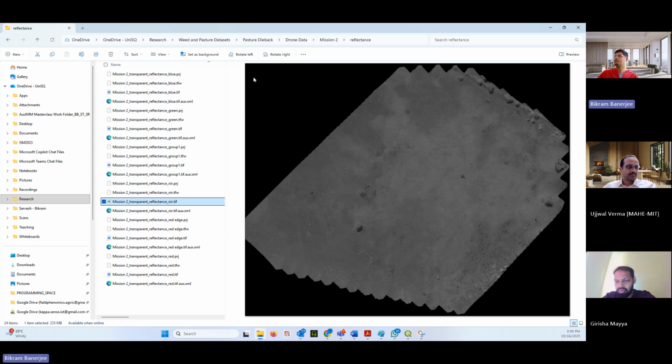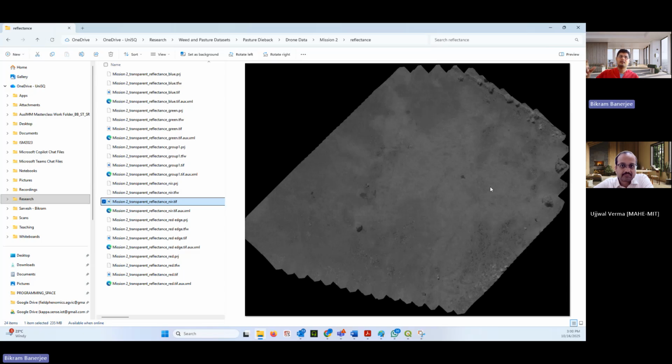But there are a few spots where we have got, and we have also got, I think the student collected ratings for individual points because we went for surveying. We have taken some ground images of the weeds, and we have provided a ranking of what percentage of dieback is happening at certain locations.